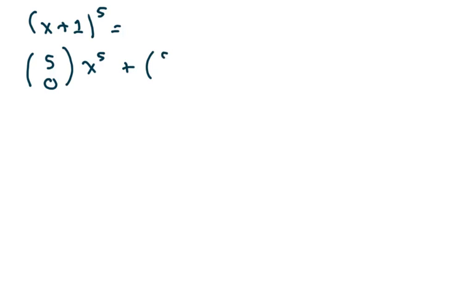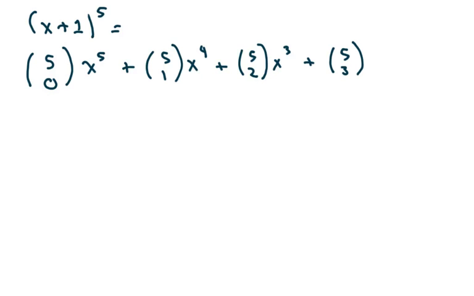Plus 5 choose 1, and we go down, x to the fourth, plus 5 choose 2, x to the third, plus 5 choose 3, x to the second, plus 5 choose 4, x to the first, plus 5 choose 5, x to the 0.